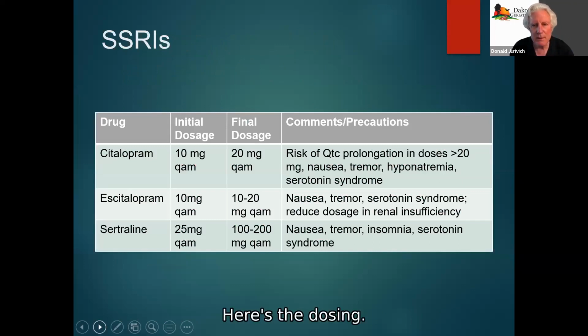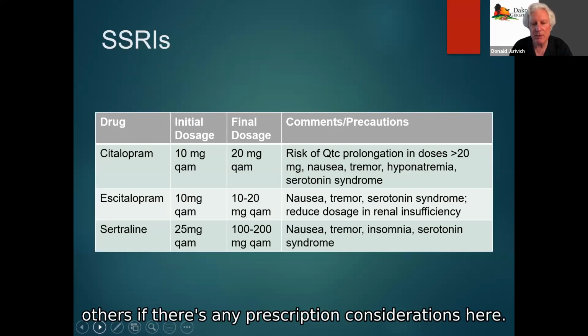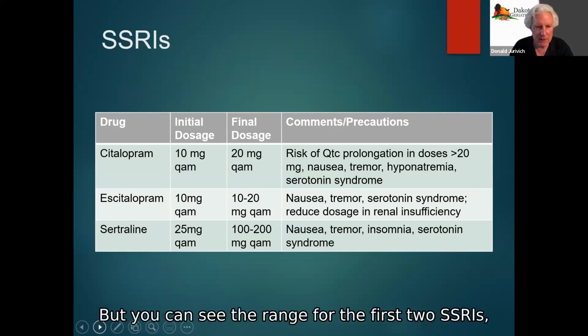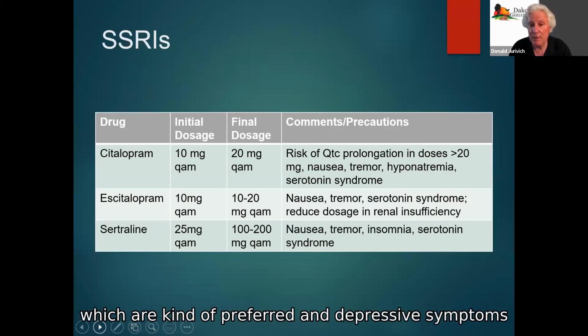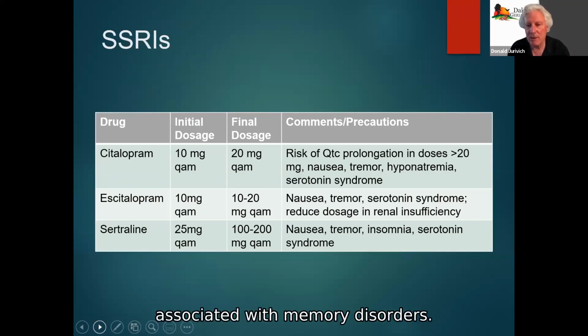So here's the dosing, just as a disclaimer. You need to check the Physicians' Desk Reference or others if there are any prescription considerations here. But you can see the range for the first two SSRIs, which are kind of preferred in depressive symptoms associated with memory disorders.